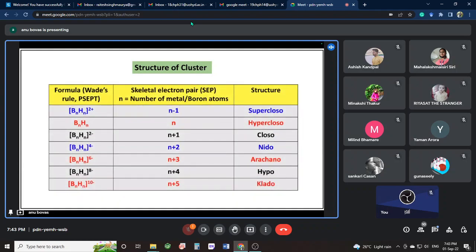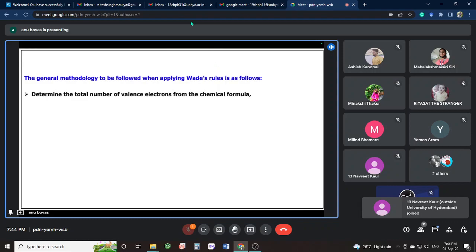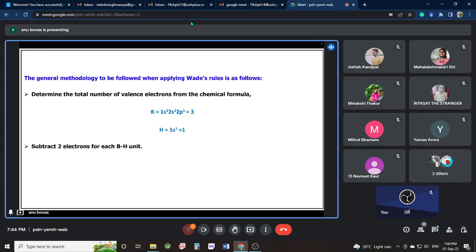When you make formula notes, you can put this table in there, and from the table you can directly get to the answer. And this one is the way to find skeletal electron pairs in the case of boranes. So this also you can take a screenshot.